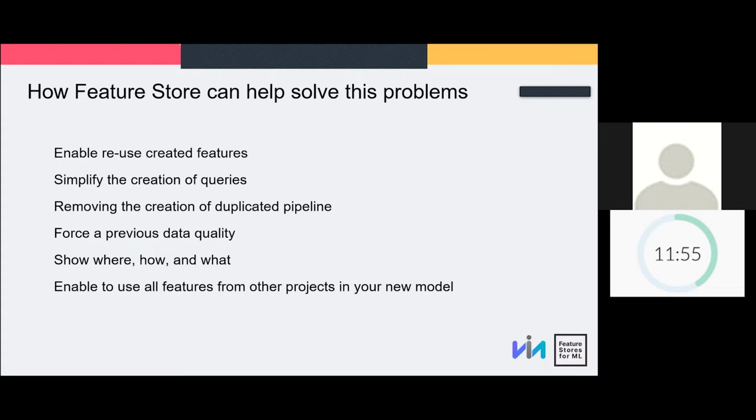The second one is how it's transformed, which pipelines, which processes transform your data, enabling not only the reuse of pipelines, but controlling everything in the same place, in the feature store. And the last one is what is the result?